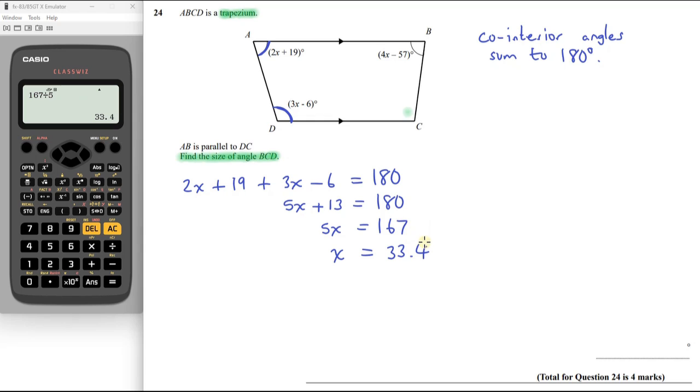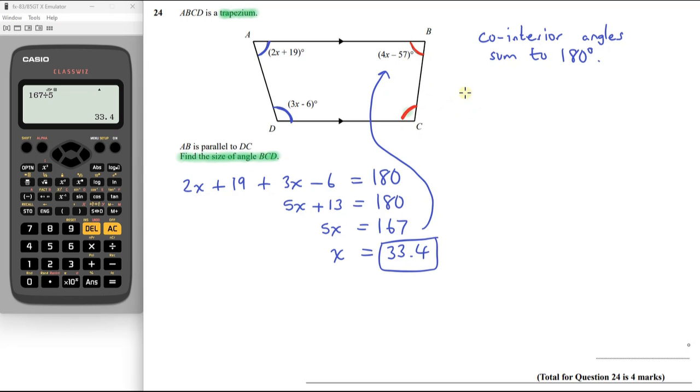We don't need to do that for all of our angles. I'm just going to substitute this value of x into this expression up here, because these two angles are also co-interior angles. Notice how these two angles, just like these ones here, also sum to 180 degrees. So let's work out what this angle is.